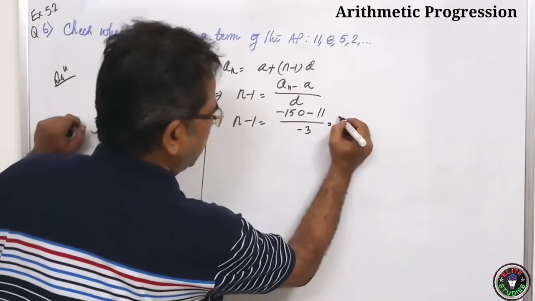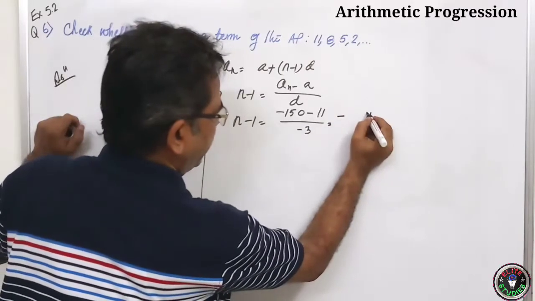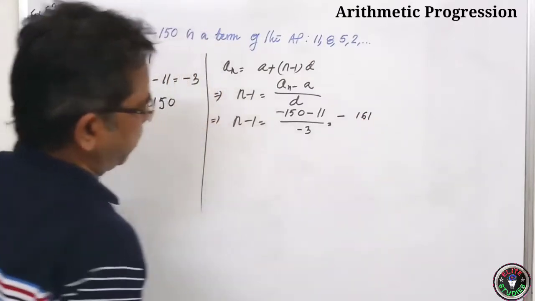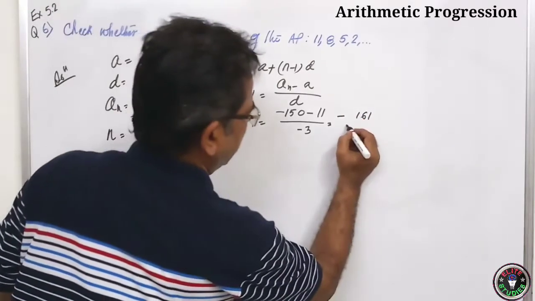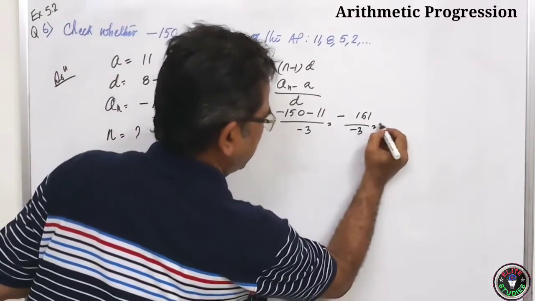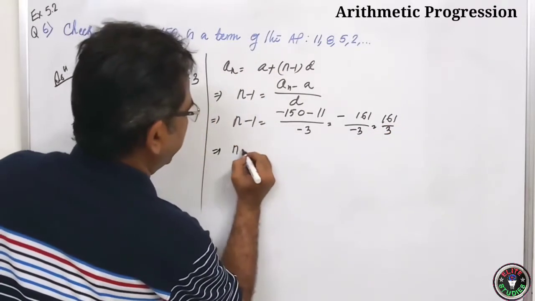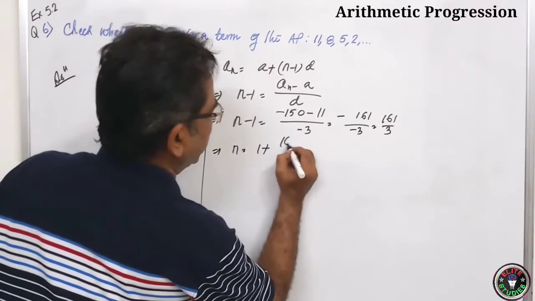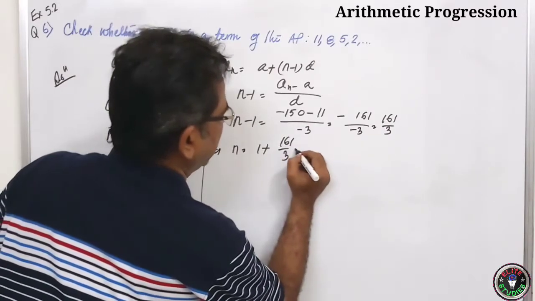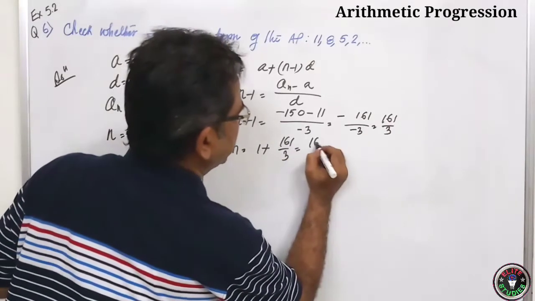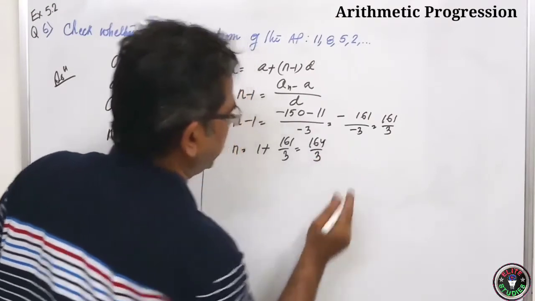So it comes out to be minus 161 by minus 3, so it is 161 by 3, and this gives n equal to 1 plus 161 by 3, which is 164 by 3.